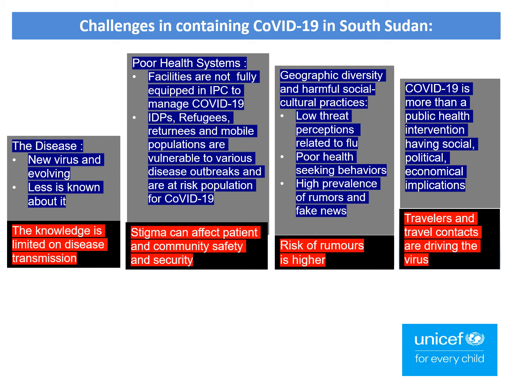The rumors are also another challenge, because this is coupled with the limited information that we have. So whoever gets information tries to provide it, and sometimes we ourselves are involved in sharing information unknowingly, because you find a nice WhatsApp message coming in, you quickly send it to all your contacts.